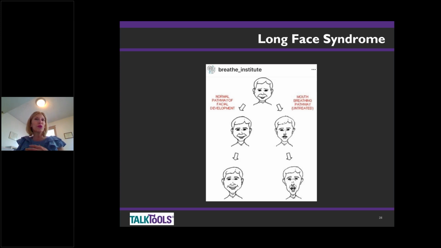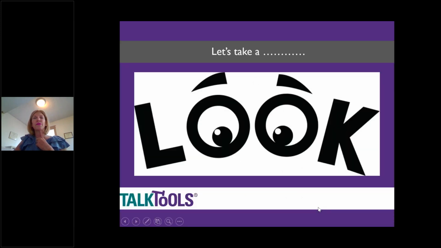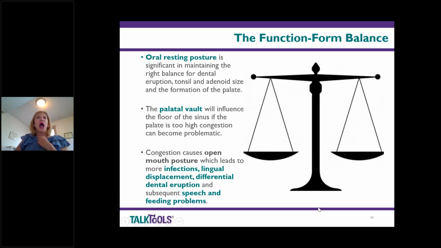But if you're mouth breathing, or you have a tongue tie, or a tongue thrust with the tongue pushing against the teeth for swallowing, what's going to happen is a high palate, the chin is going to become recessed, and you're going to develop something called long face syndrome. And you can see the difference between this picture on your right versus this picture on your left.